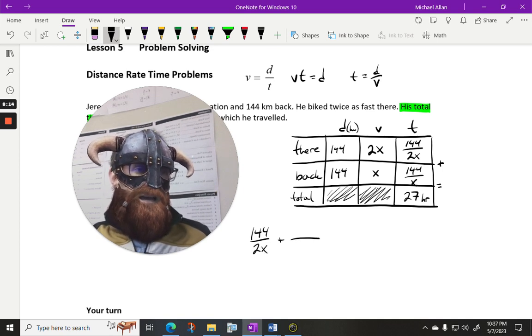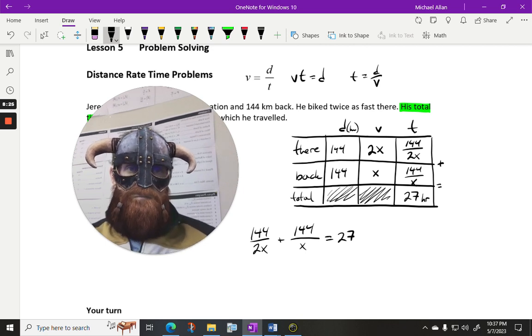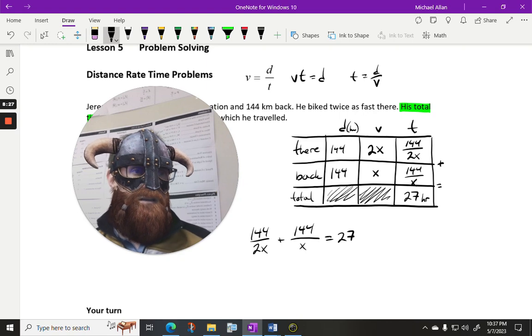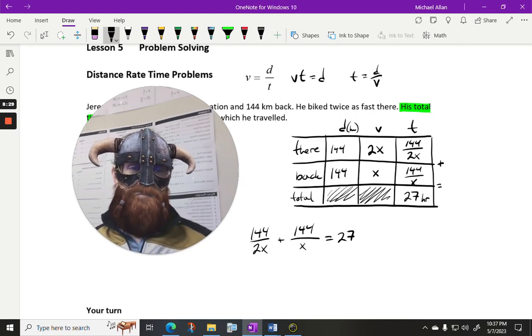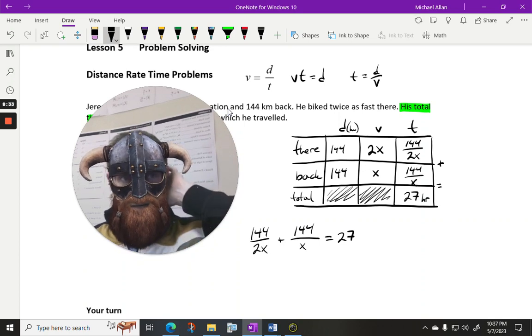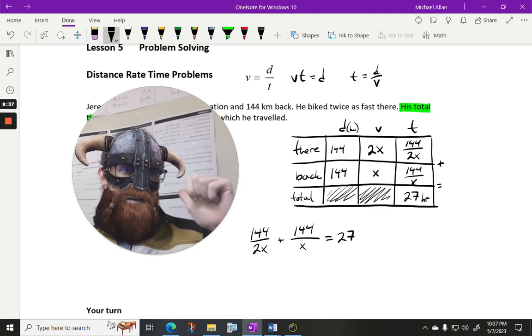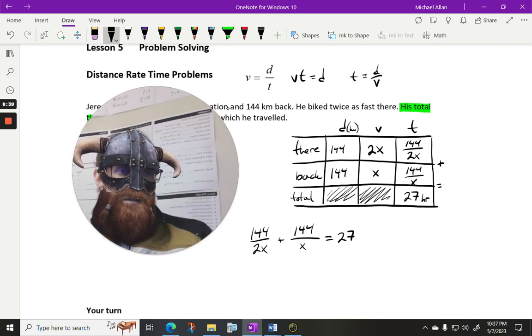So if I add these together, 144 over 2x plus 144 over x, I know this has to equal 27. So here we go. This is the equation we've got to solve. We just have to solve for x. After that, we just have to find the two rates, the there and back. So x is going to be the back, and 2 times that would be the there.